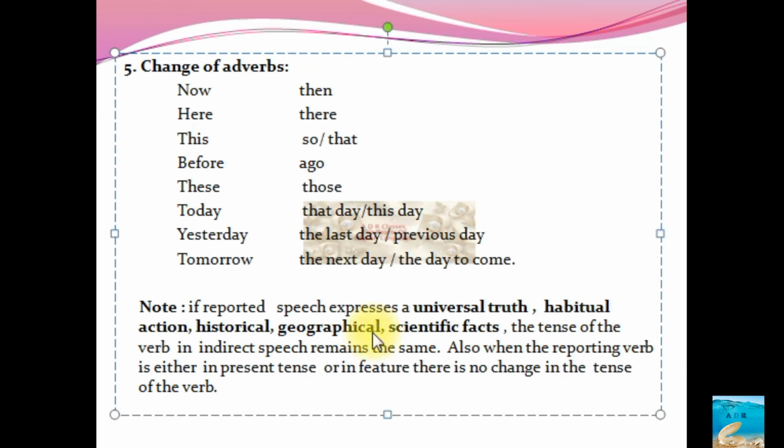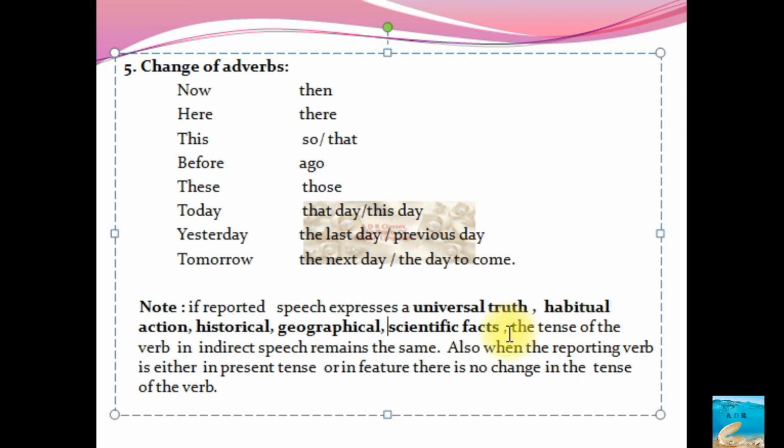Then scientific facts. In my class, I usually throw a chalk piece up and it comes down. Practically students see that yes, the chalk piece has come down. There is a gravity power there. So this scientific fact cannot be told in past tense. Still it is being applied, isn't it?